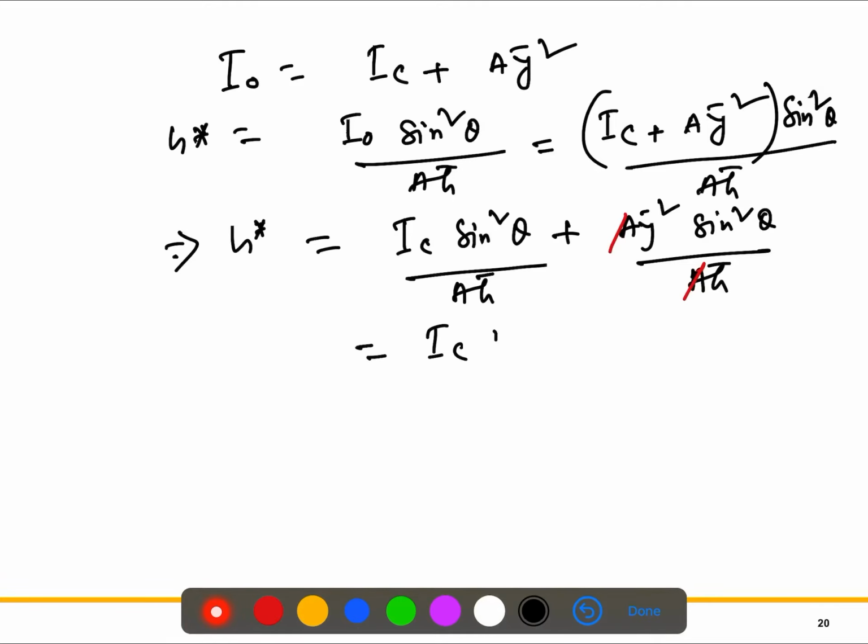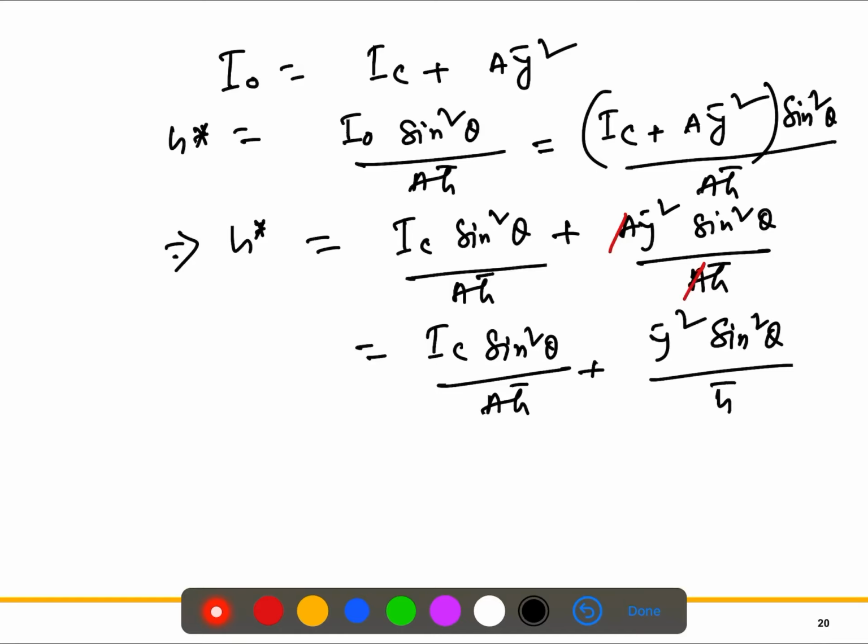This is I C sine square theta over A h bar, and this is y bar square sine square theta over h bar. From the relations we used earlier, we can write this y bar square sine square theta like this: I C sine square theta over A h bar.